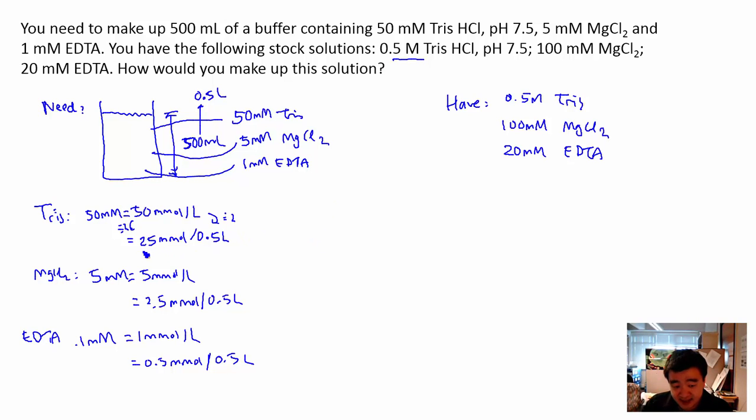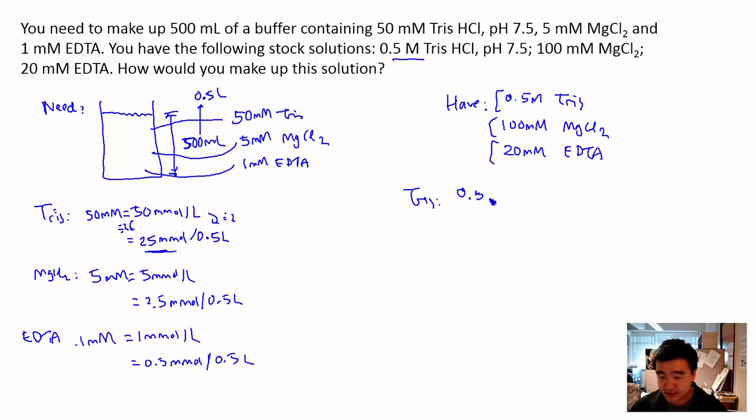So how do we get 25 millimoles of Tris in there? How do we get 2.5 millimoles of MgCl2, and how do we get 0.5 millimoles of EDTA into that final buffer? We have these stocks available to us: 0.5 molar Tris, 100 millimolar MgCl2, and 20 millimolar EDTA. Let's think about the Tris.